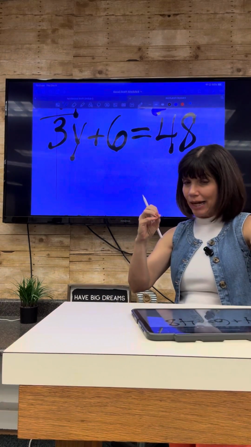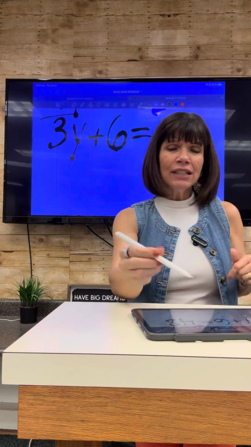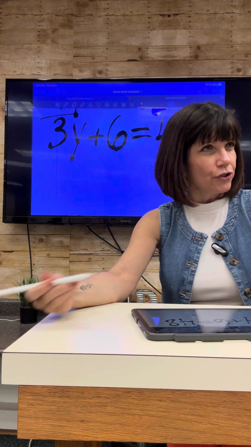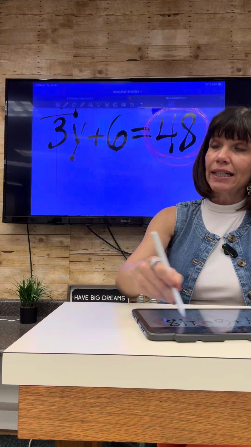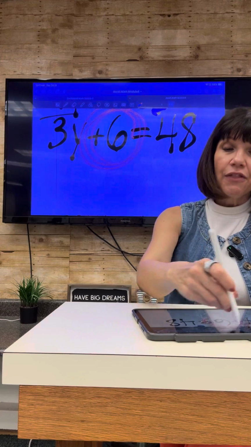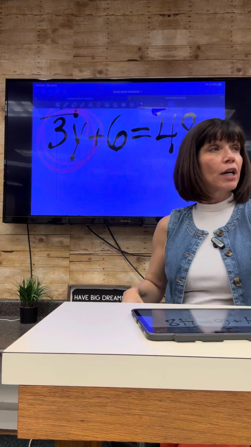So the next step, look at all the pieces. Now as I circle them, class, I want you to tell me the vocabulary we've learned to use for these pieces. What is this piece called? What have we called it? The total. Good. What is this piece called? The constant. What is this piece called? The variable with a coefficient 3.